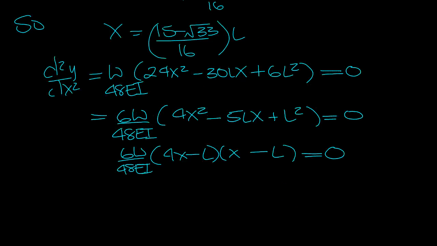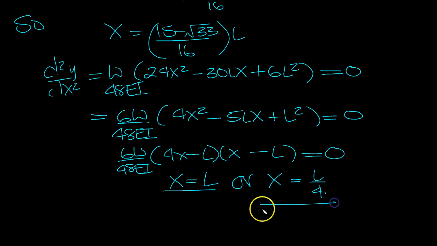Yeah, that looks fine. So either x equals l or x equals l over 4. So now for a point of inflection, I'm just going to look back at the rules for a point of inflection as far as the second derivative was concerned. f double dash changes sign as x increases through c. So does f double dash of x change sign?